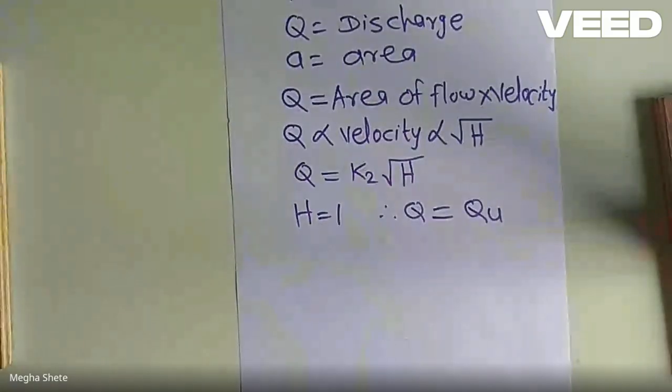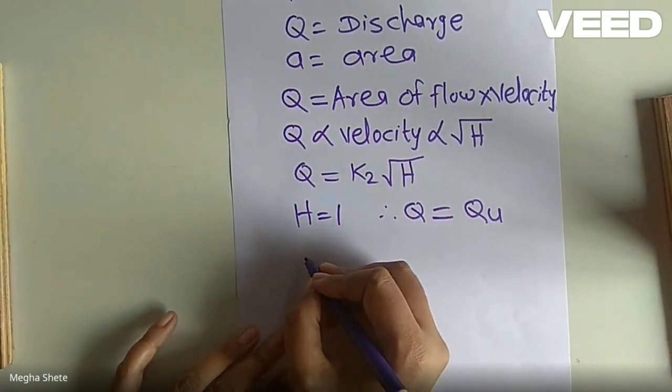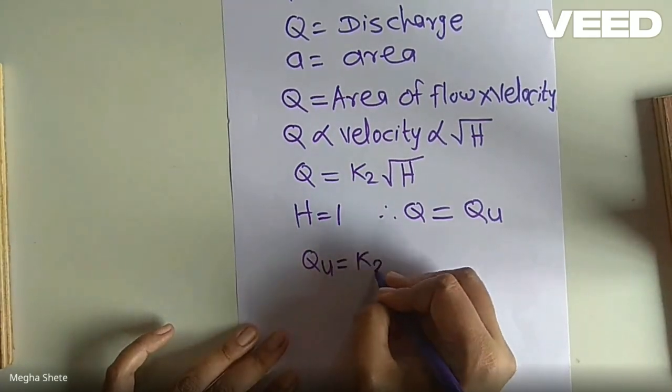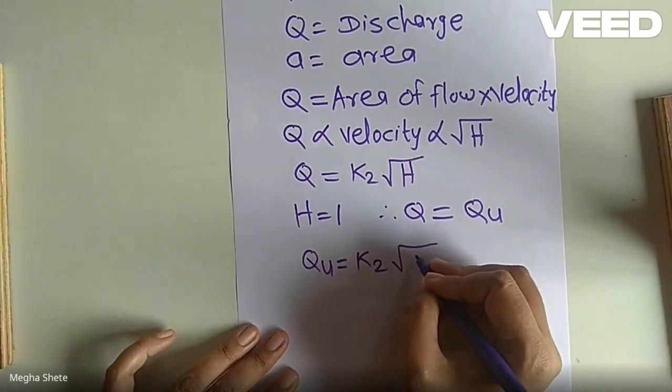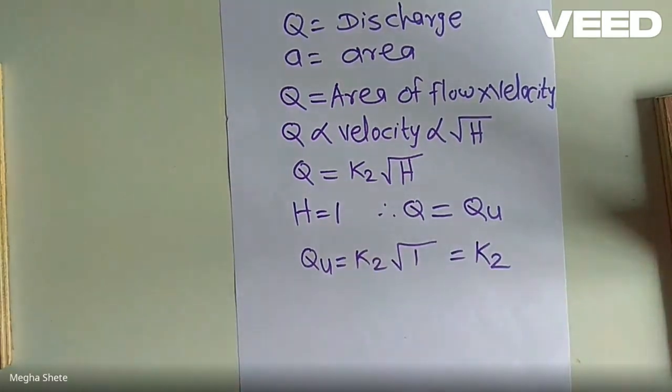Okay. Then substituting these values in the above equation, we will get QU is equal to K2 into square root of 1, that is equal to K2.